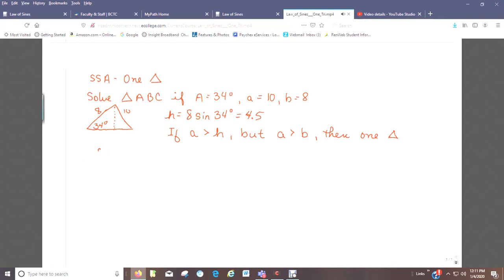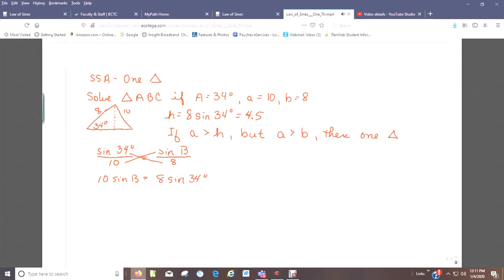Let's use sine of 34 degrees over its corresponding side, and since we don't have B's angle yet, we'll do sine of B over side B. Alright, so let's cross multiply. 10 sine B equals 8 sine of 34.